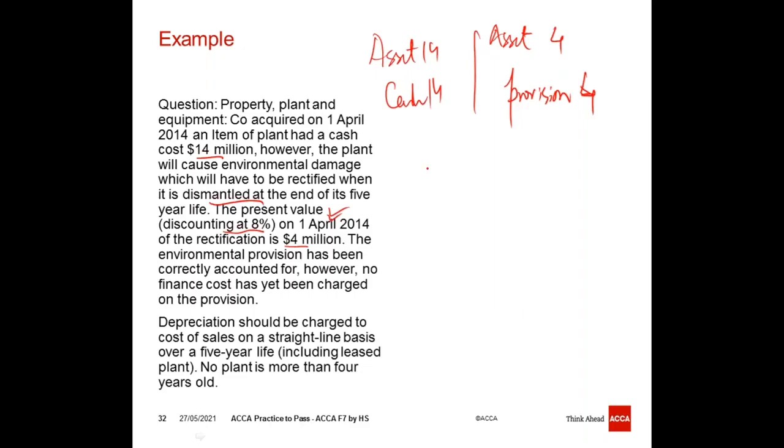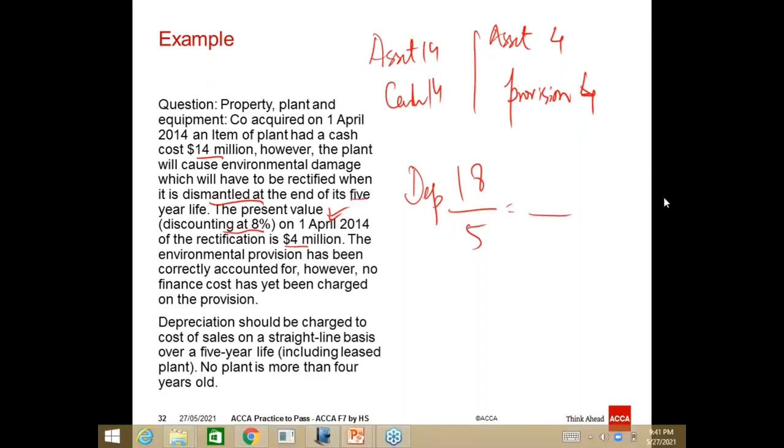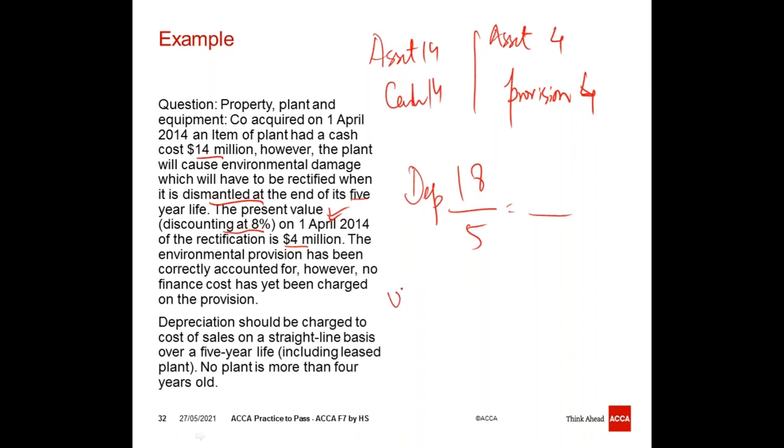So subsequently, this asset will now be reported at 18 million and will be depreciated over its useful life of 5 years, so divided by 5 you will get the depreciation. And you need to book the unwinding of discount as well.